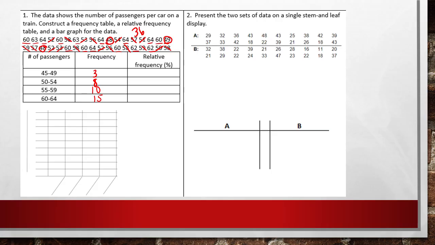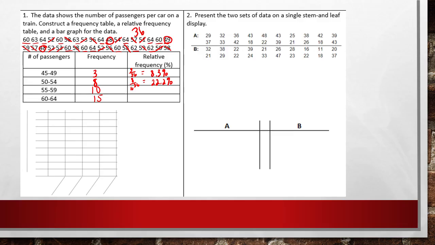Okay, so remember to find your relative frequency, you're just taking each of those numbers and dividing it by the total. So 3 over 36, if we divide that and then change it to a percent, we're getting 8.3%. If I do 8 over 36 and change it to a percent, I'm getting 22.2%.